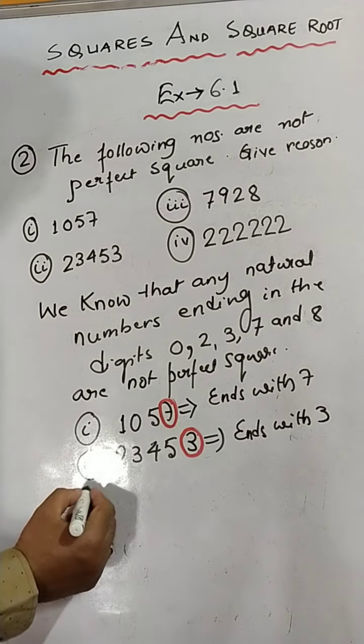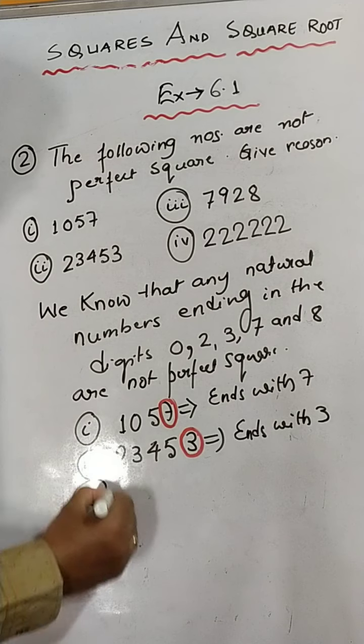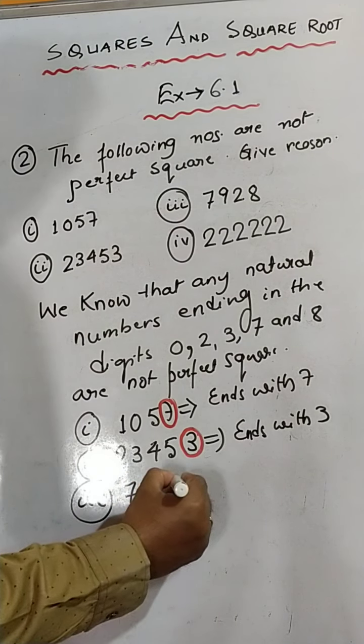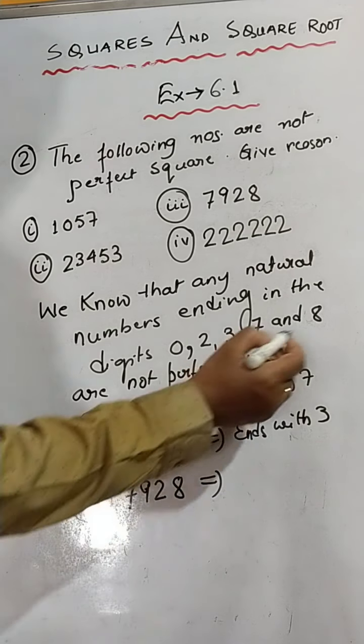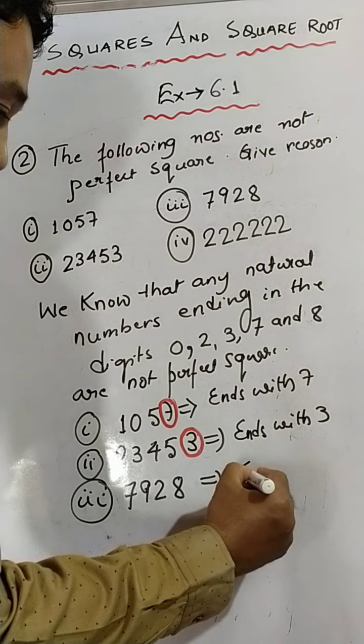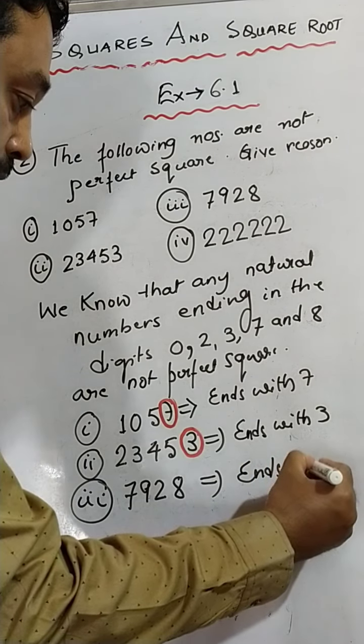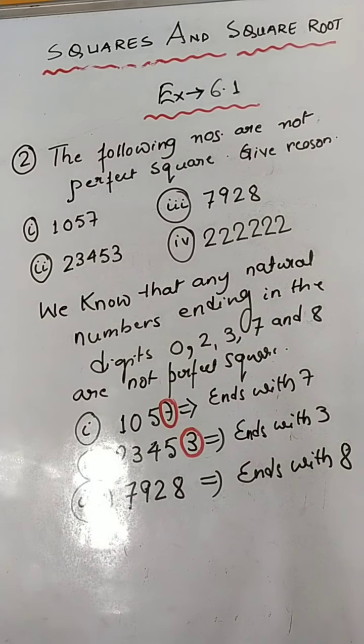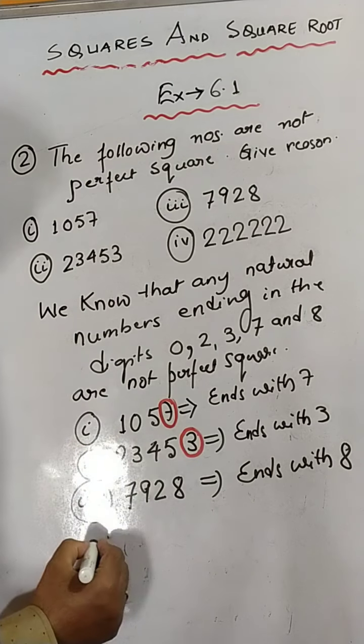Now let's move on to question number 3. Question number 3 is 7928. So 8 is also there, so we will write: ends with 8.